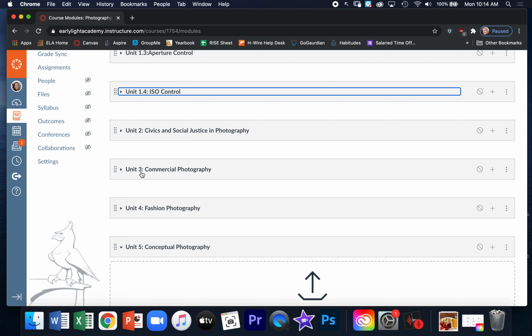After that, our projects are all going to be building off of what we did in Photo 1. So, for example, civics and social justice in photo is meant to be building off of documentary photography. Commercial photography is a build off of still life.